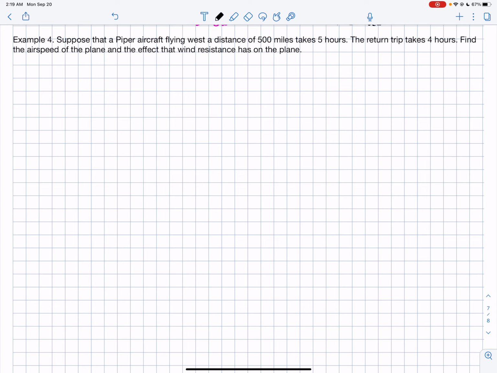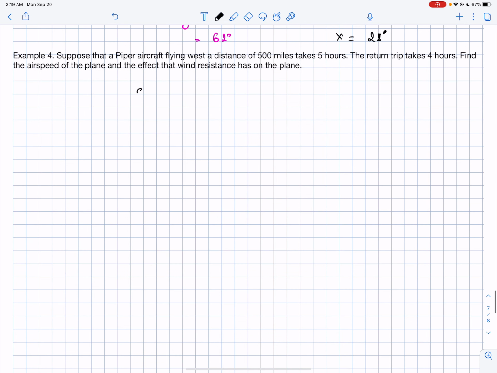We're talking about the motion problem, so we recall that the formula for motion is distance equals rate times the time. So we will draw the table.